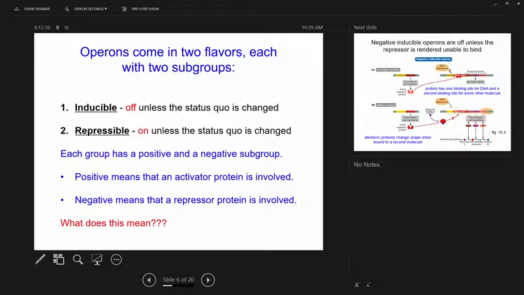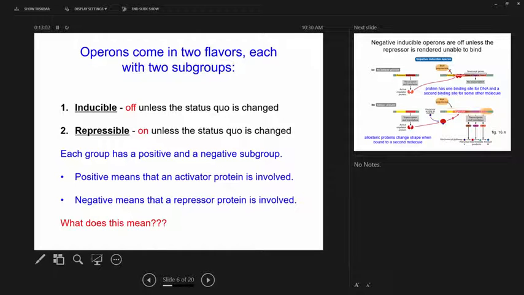To induce somebody to do something, you have to convince them, right? If a woman is past her due date and she gets induced for labor, they're giving drugs to start the contractions, right? So if you induce something, it wasn't happening, and now you turn it on. For inducible, you can think of inducing labor, and that'll help you.